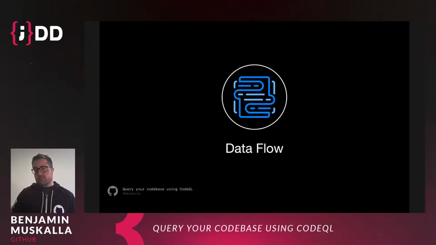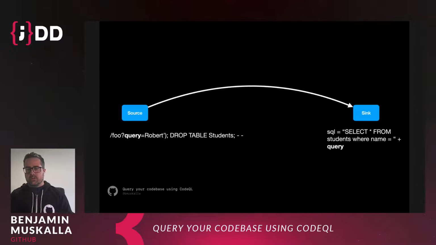And especially for vulnerabilities, that's actually the interesting part. How does data get from A to B, and where can it actually attack or exploit the system? And in order to understand it, I want to introduce some very basic concepts, at least their names, so we all talk about the same thing.